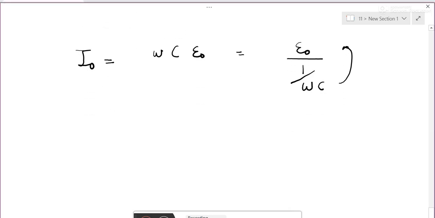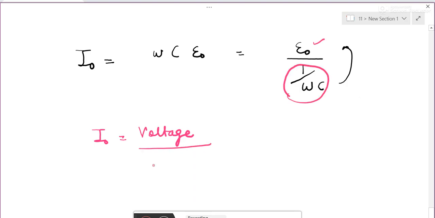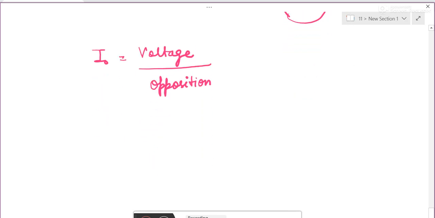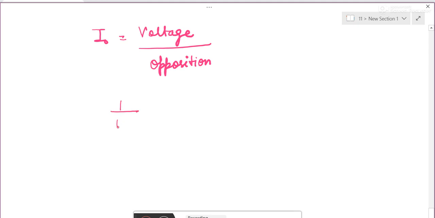So this is current, this is voltage, and this is opposition. So 1 by omega C is the opposition offered by the capacitor, Xc.